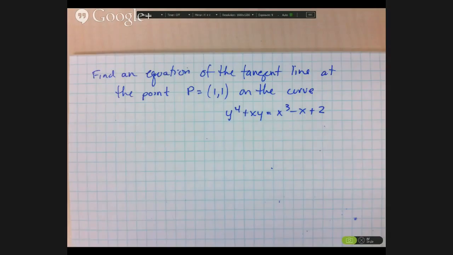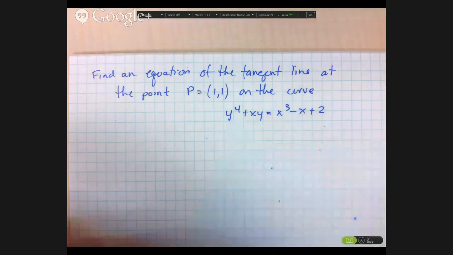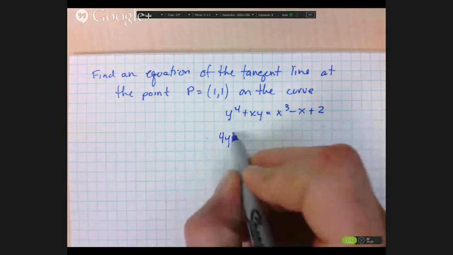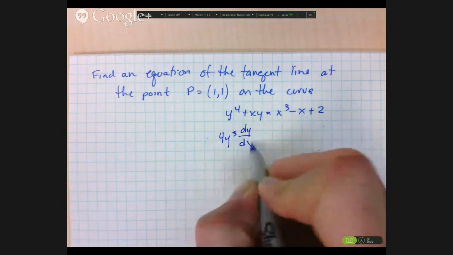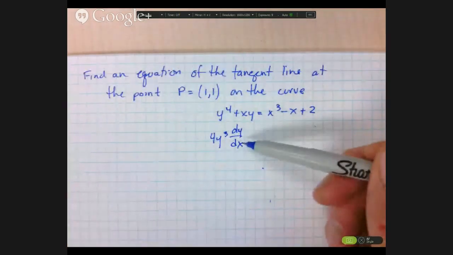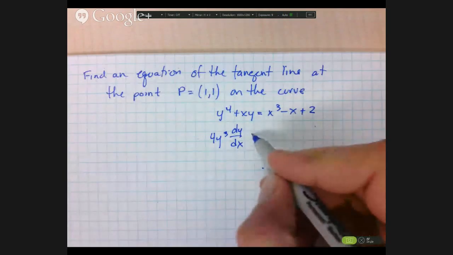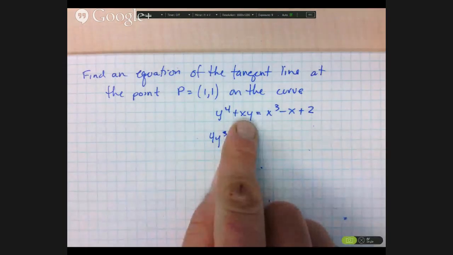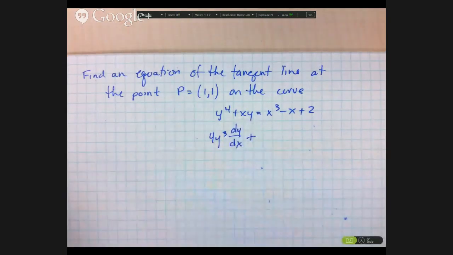What is the derivative of that function? Well, the equation is what it is. It's not a function. Okay. What's the derivative of y to the fourth? Okay, you took the derivative of y with respect to x, so label it dy dx. It's a product rule.